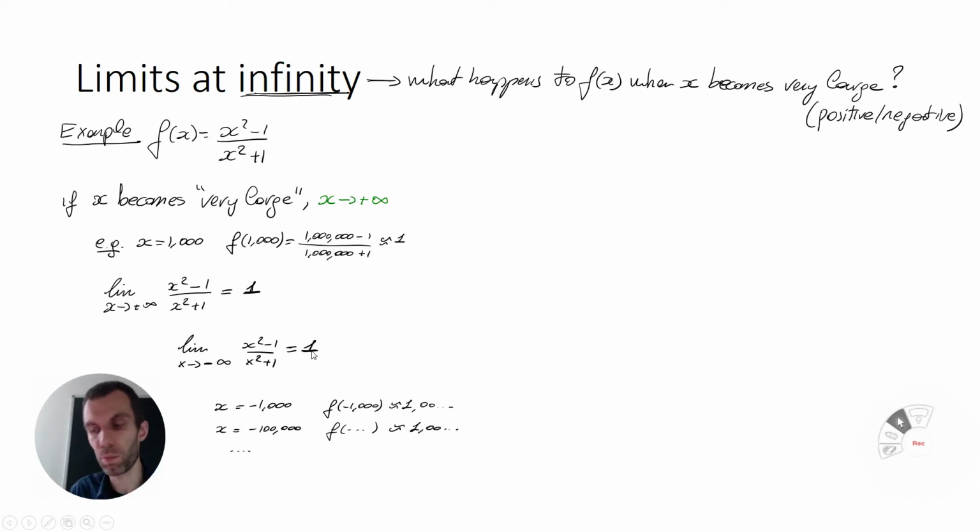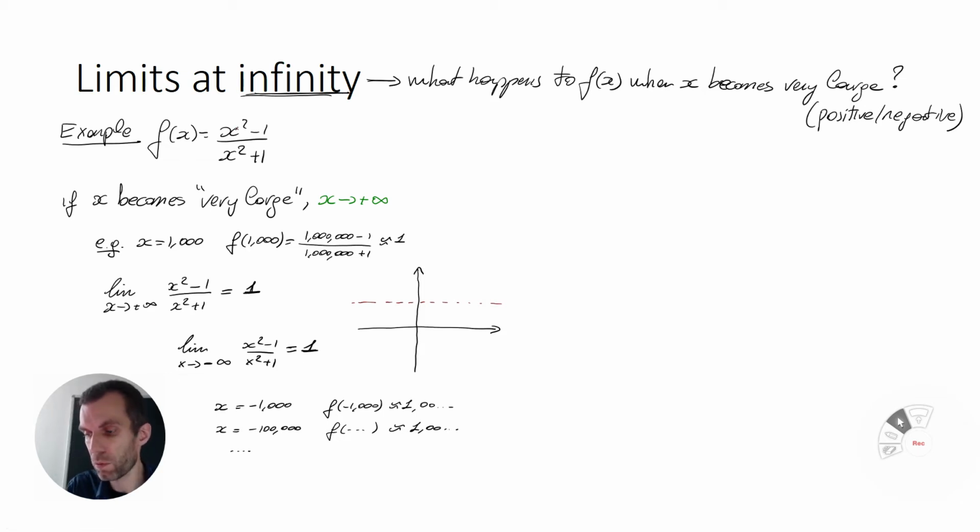We'll see a couple of rules in the limit law section that allow us to calculate these a bit more formally. If you're wondering about the graph of this function, what we know is that this function gets closer and closer to 1 when x gets bigger and bigger on the positive or the negative side.